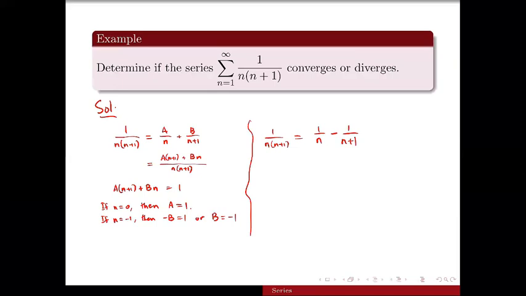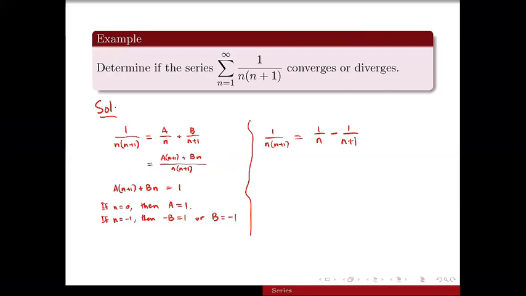So the question was, is that allowed since the sum starts from n equals 1? Actually, when we do this, we don't think of n as some number that starts only from 1.